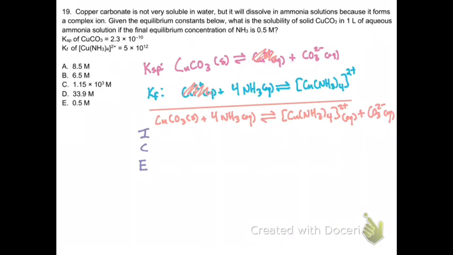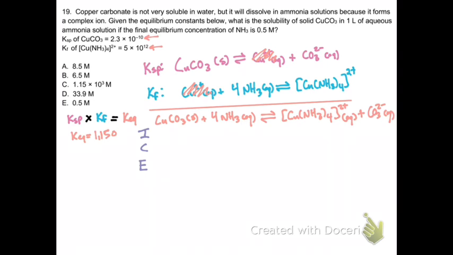What we can do is multiply the KSP of the stuff we broke by the KF of the stuff we formed to get our new KEQ for this overall reaction. So when we multiply the two together, we get KEQ equals 1,150. And again, that's just what we got by multiplying our two respective K values, our KSP and our KF.